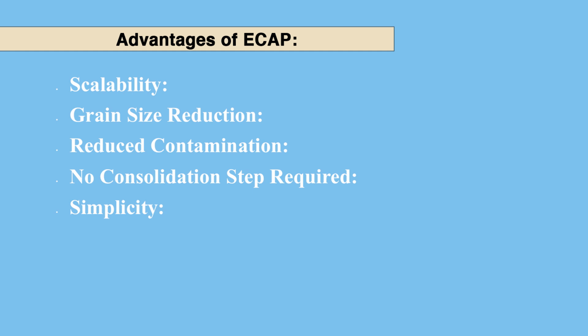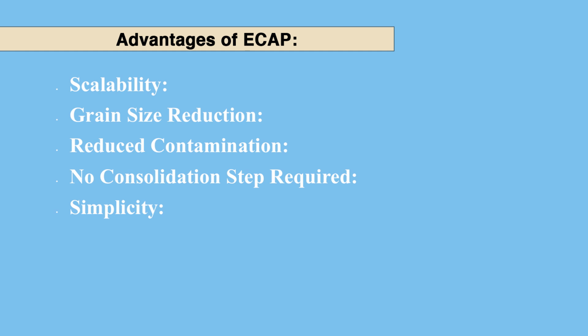Let us discuss the advantages of ECAP. Scalability: the process can be scaled up to handle larger samples. Enhanced mechanical properties is the second advantage. ECAP significantly improves the mechanical properties of metals such as aluminum and its alloys. Grain size reduction: severe plastic deformation effectively reduces the grain size, which is one of the main advantages of this technique.